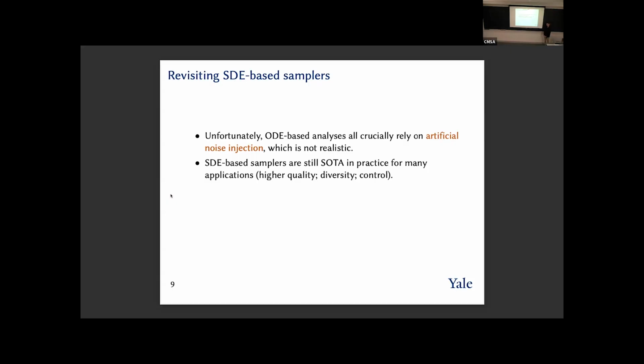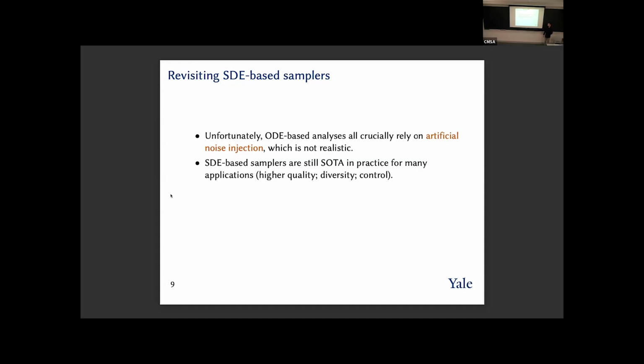And why do we care about SDE samplers? Because they're still very widely used. They're still state of the art when you want higher quality. So the general picture I've come to understand is that deterministic samplers like ODEs will generate things in much fewer steps. But if you really want higher and higher quality, then SDEs are still state of the art. You just run for many steps and SDEs bring you better quality.